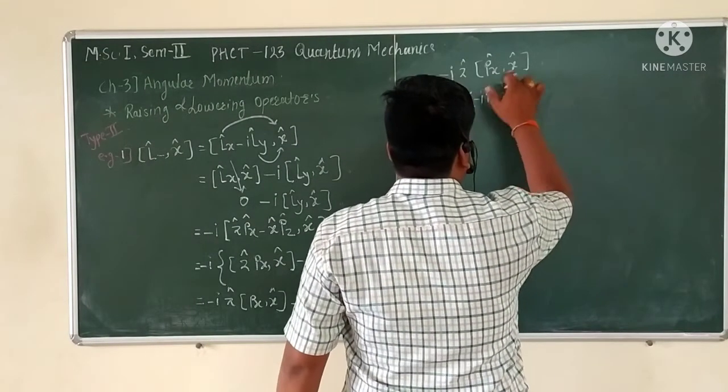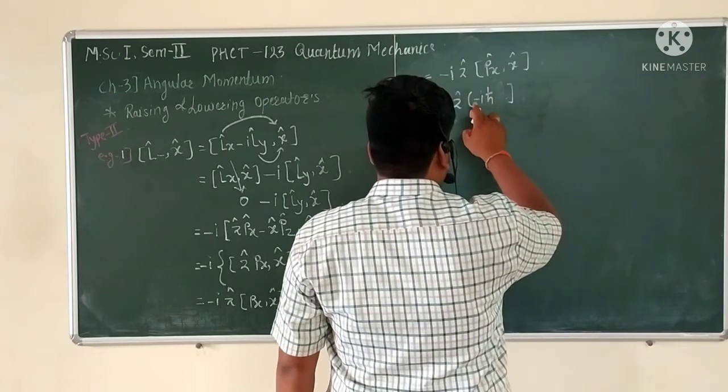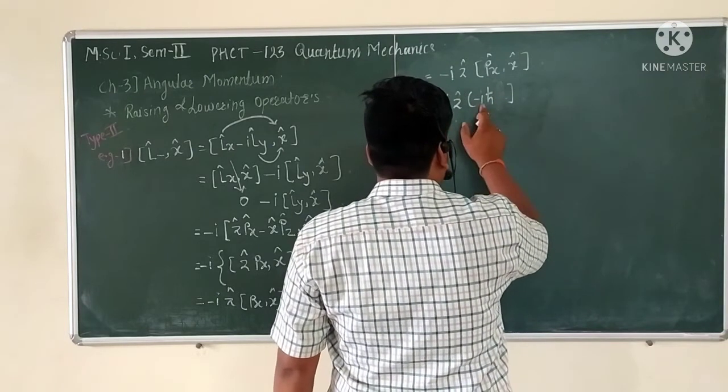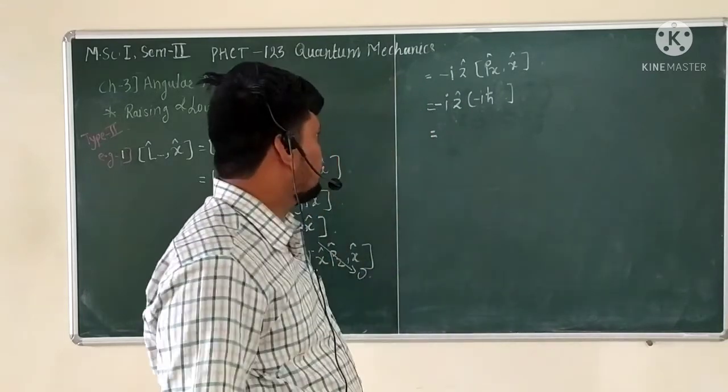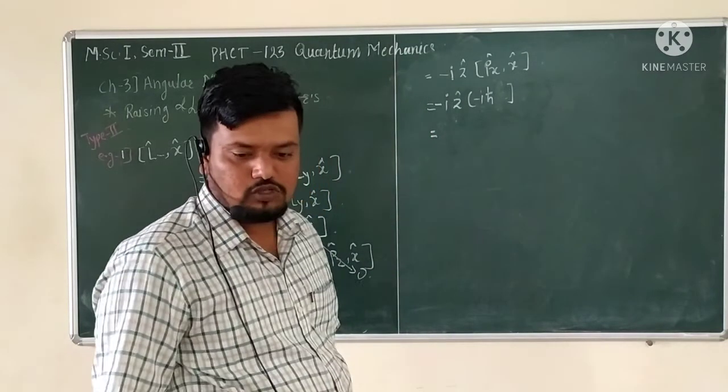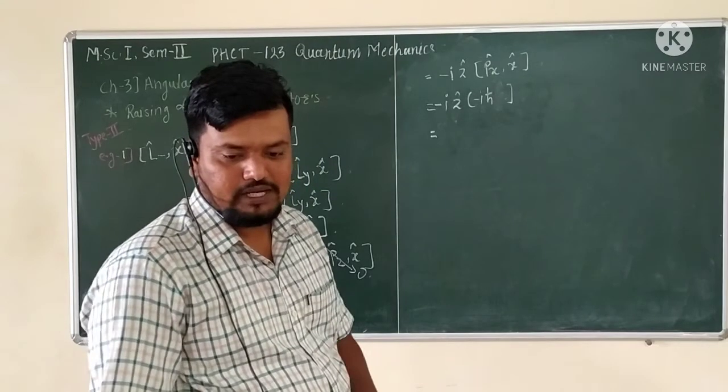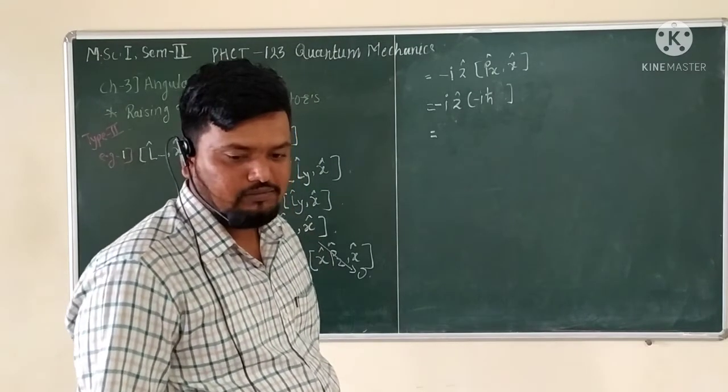The result of px cap comma x cap is minus I h cross. Minus minus gives plus, again I into I is I square, and with the minus sign, the final result becomes minus h cross of z cap.